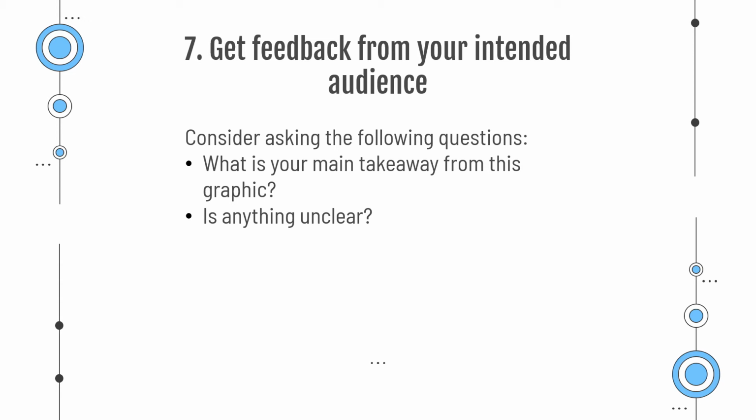So is there anything that could cause confusion and maybe could dilute or even obfuscate the message of the visual? And I always recommend this in any kind of visual or product that one is creating, because it can elicit really meaningful feedback to improve the overall clarity and effectiveness of your final visualization.